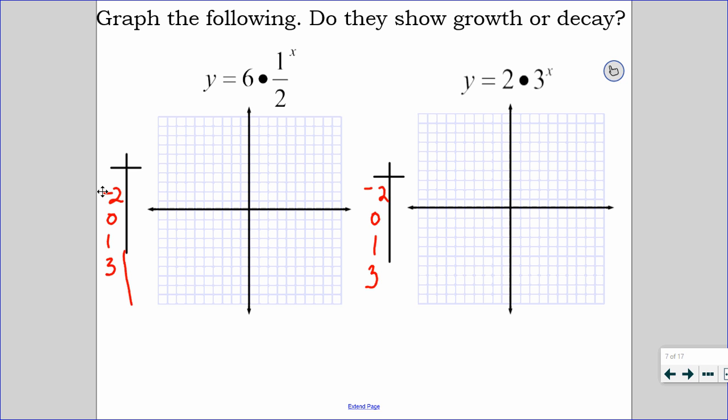I hope you would guess whether it should be a growth or a decay first, based upon what they look like. And I would hope the points would help you verify that. You probably have to plug in more than 4 points.